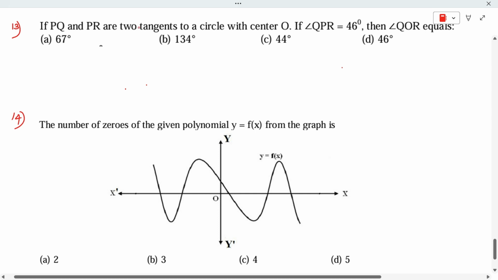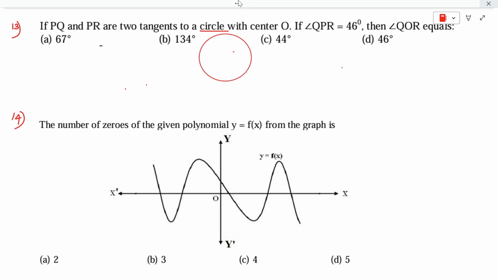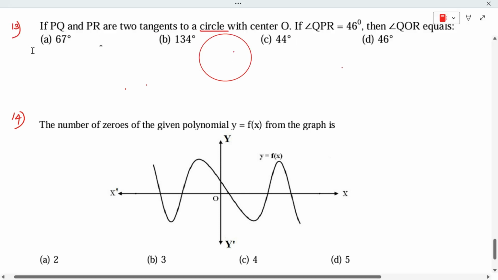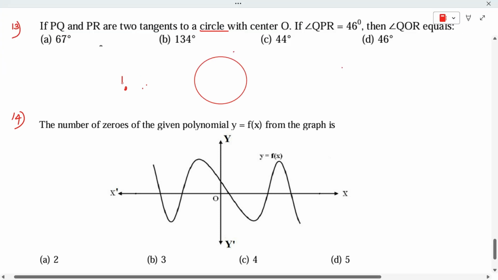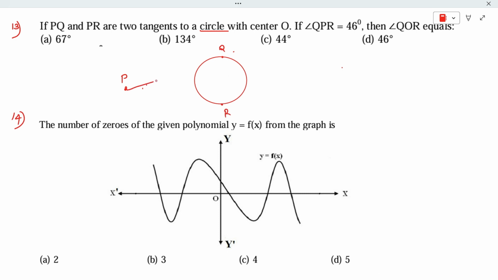If PQ and PR are two tangents to a circle, so let me have a circle here. Okay, and I'm going to draw the tangents, that is PQ and PR. So what is the point of contact? I know P is an external point, okay, and the points of contact are going to be Q and R. So I'm drawing the tangents PQ and PR.